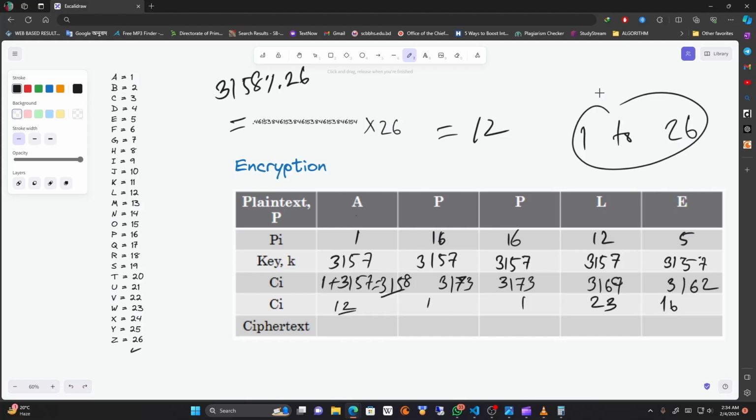For 12, the letter at index 12 is L. Again, 1 is A. For 23 this is W. For 16 we got P. So LAAWP is our encrypted message, or ciphertext.